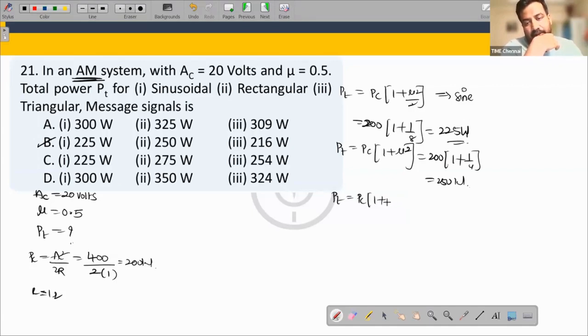For triangular input, PT is equal to PC into 1 plus mu square by 3. 200 into 1 plus 1 by 3. Okay, that's 1 by 2, 1 plus 1 by 12.